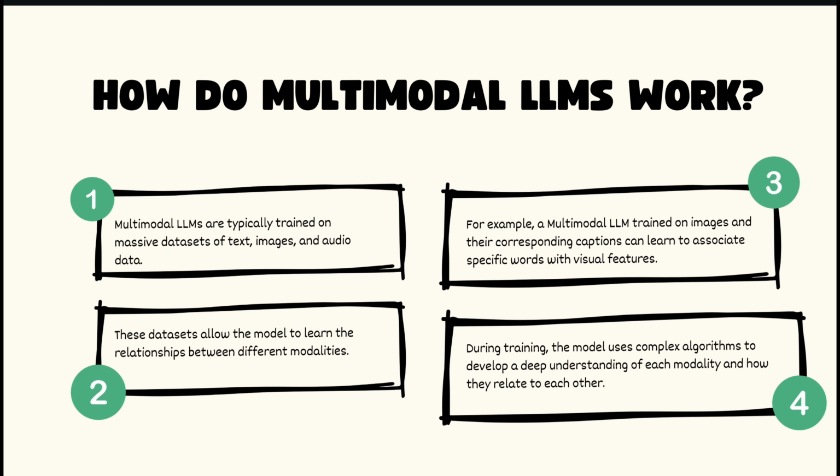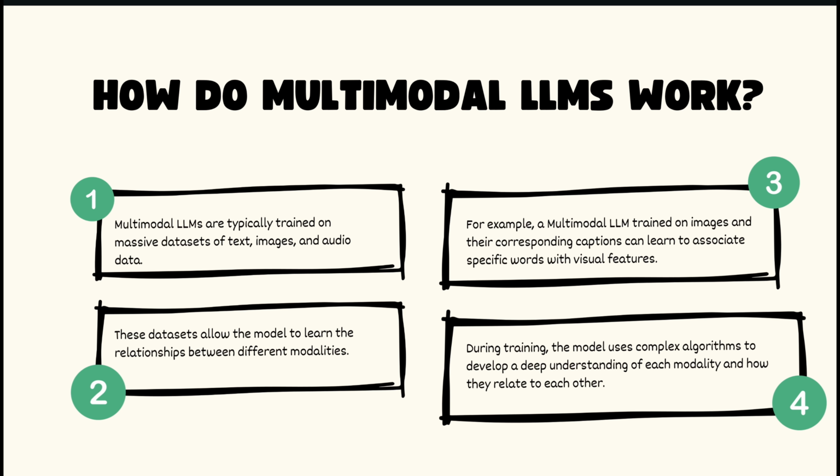The inner workings of multimodal models are quite complex, but we can simplify it as a process of learning and integration. By leveraging vast amounts of multimodal data, the model builds a network of connections between different data types. This network makes sense of information from various sources and performs tasks that require a holistic understanding of the world.